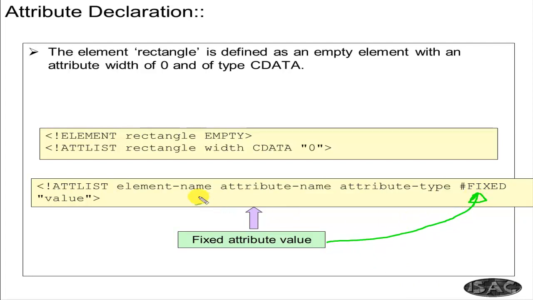So for this element, let us assume the element name is software version type, version release, and here it has to be fixed because for at least a few months or a year the version number might not be changing. So that is the way to say that the value of this attribute cannot be changed, it is fixed.